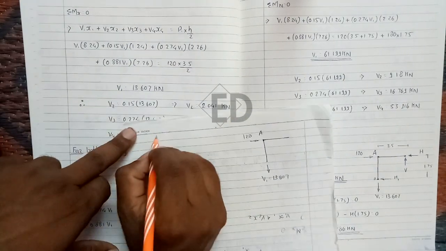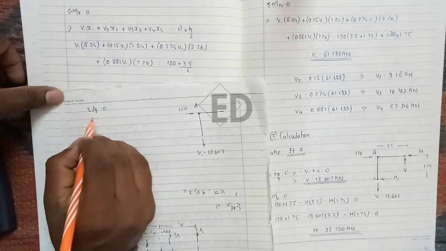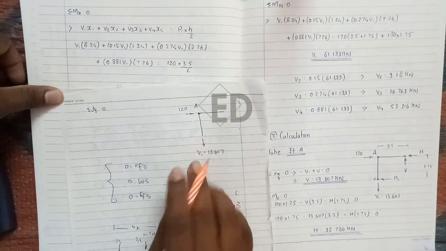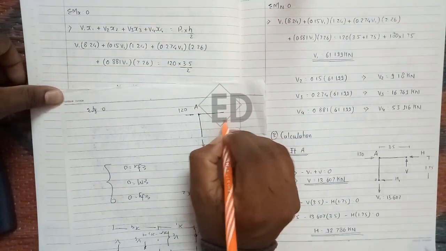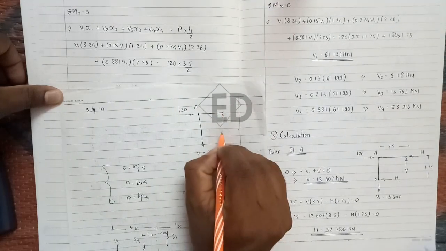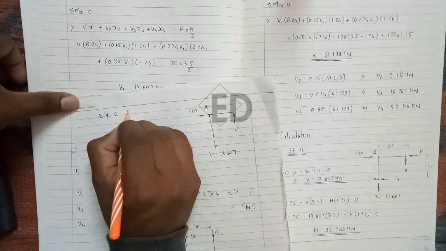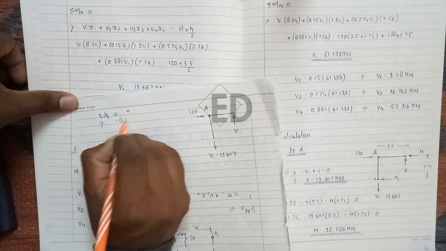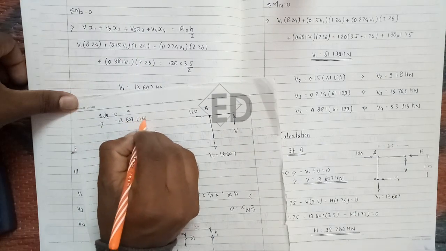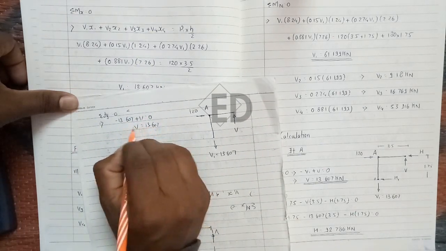Initially I take summation of Fy equals 0. From this I get that some force is required to balance this force. So that force acts here, and I represent this force by V. So by vertical summation I got minus 13.607 plus V equals 0. So I got V equals 13.607.